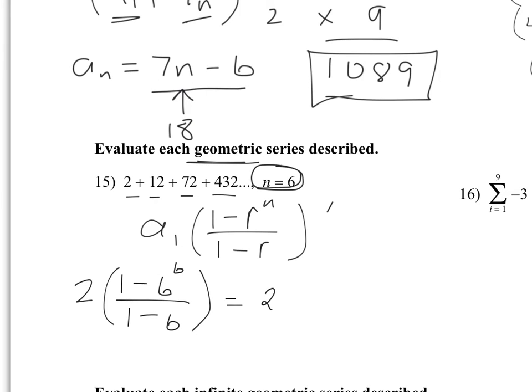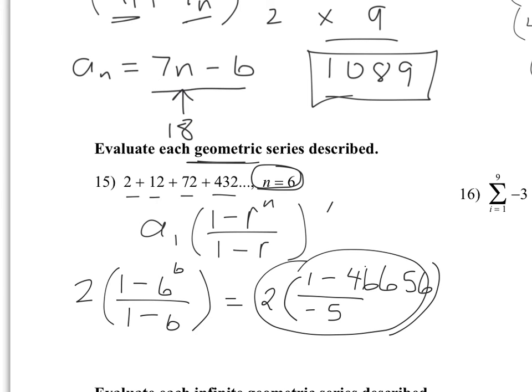So this is 2, negative 5, and then 1 minus 6 to the 6th power is 46,656. And if you were to run this whole thing through your calculator, you would get 18,662.